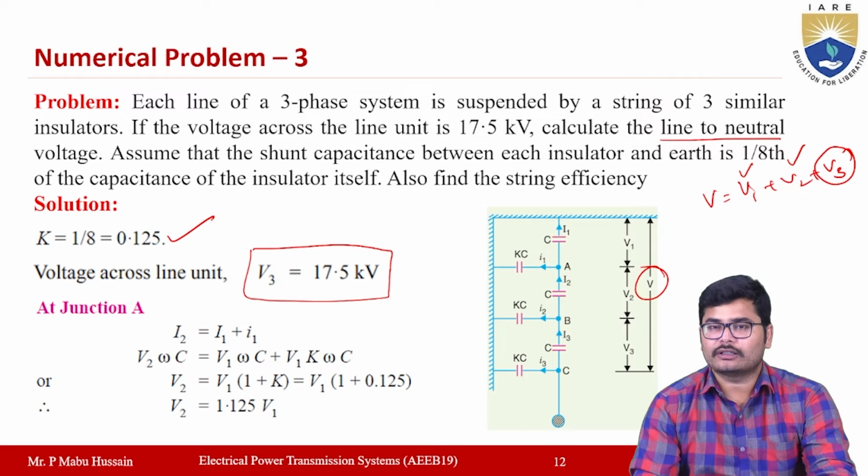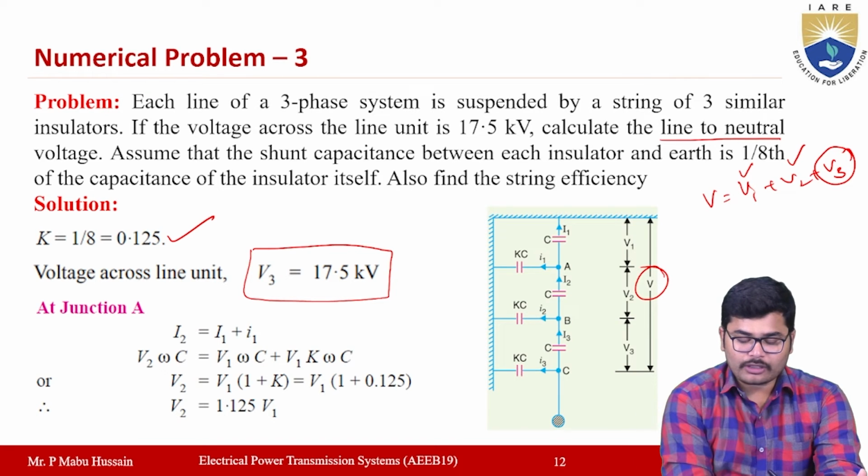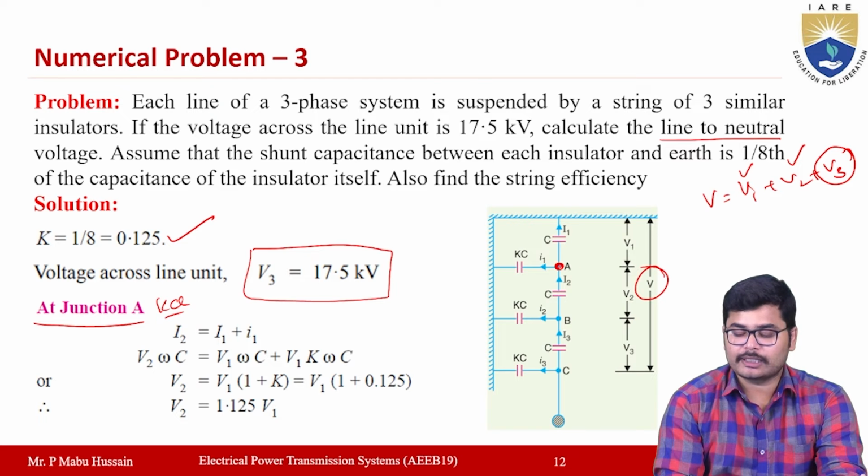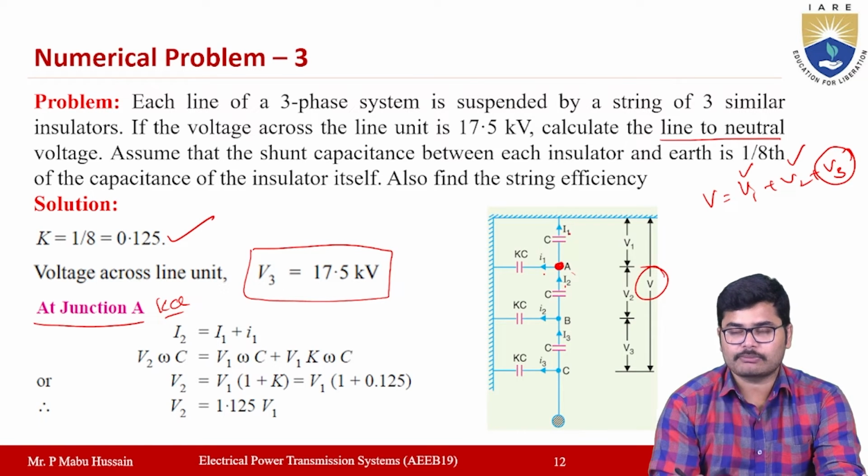Again the procedure is the same. You have to apply KCL at junction A. When you apply KCL at junction A, capital I2 will be equal to capital I1 plus small i1.